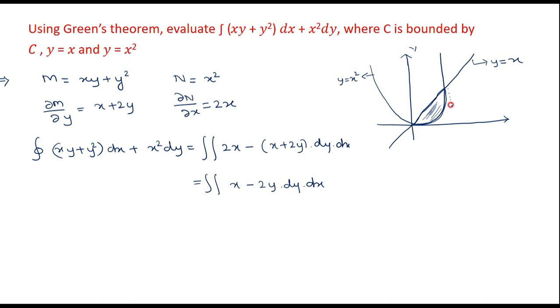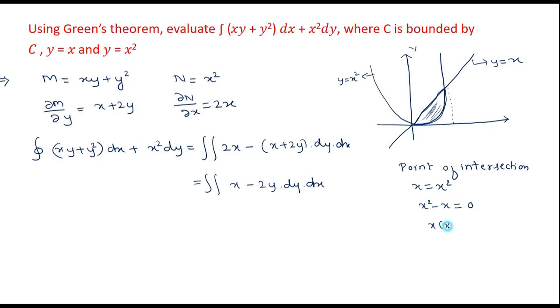Now to take an integral, we'll find the points of intersection here. So the point of intersection of y is equal to x and y is equal to x square: substitute one equation in the other. If I put y equal to x in y is equal to x square, it is x is equal to x square. So x square minus x is 0.